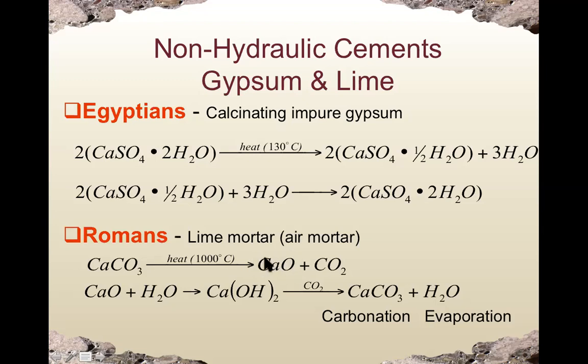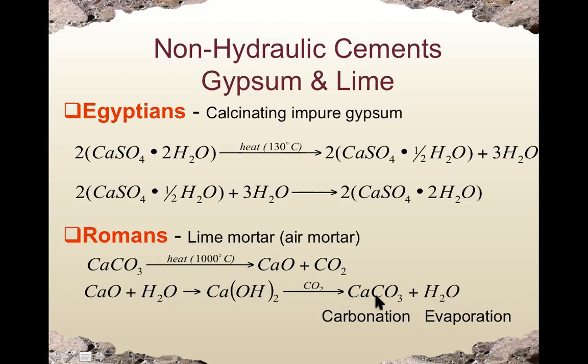We then grind this lime into powder form and mix with water, the second equation here, and then we get Ca(OH)2, which is calcium hydroxide. Okay. The calcium hydroxide will react with CO2 from the air and harden again. And we can see it becomes calcium carbonate, limestone, again.